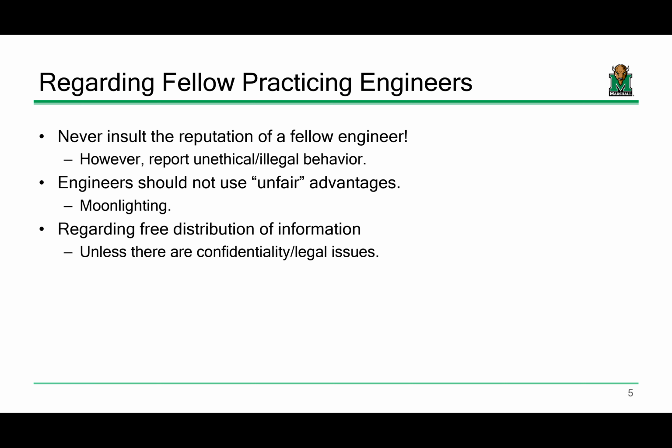For example, research and understanding on a given phenomenon in engineering, engineers should want to make that available if it's going to improve the profession. Now, the limit to that is when those issues start to bump in the face of client confidentiality or legal issues or things like that.